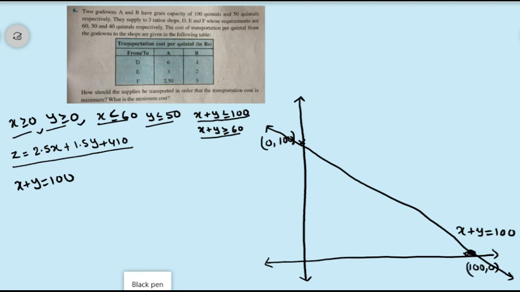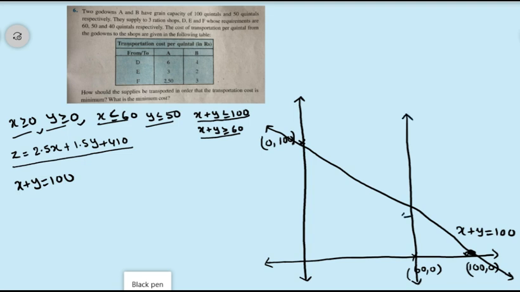Next we have to draw x is equal to 60 line. So this is the line x is equal to 60. Somewhere here the point 60, 0. So this is the line x is equal to 60.